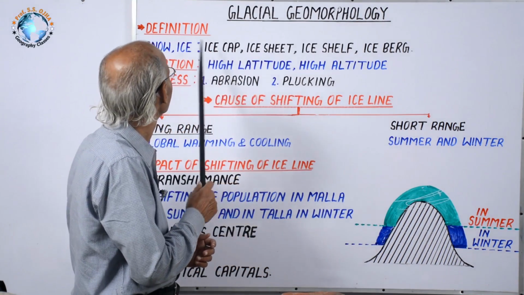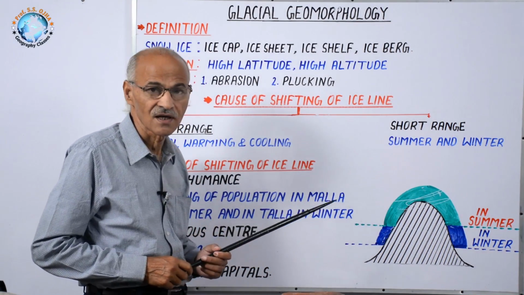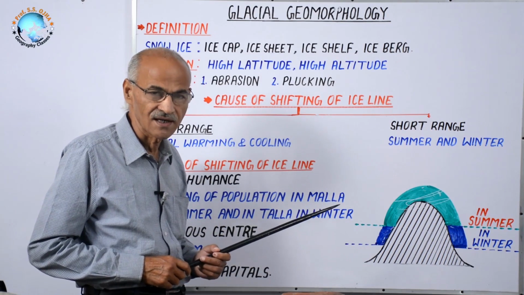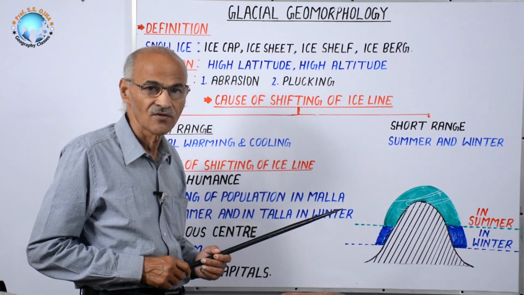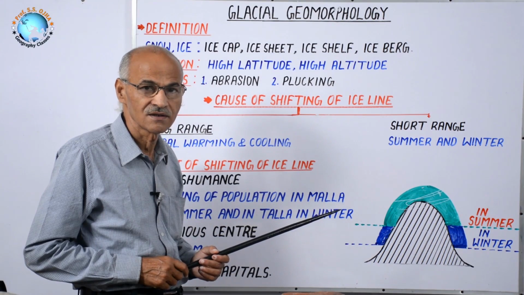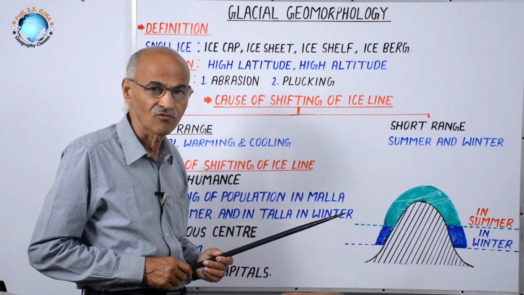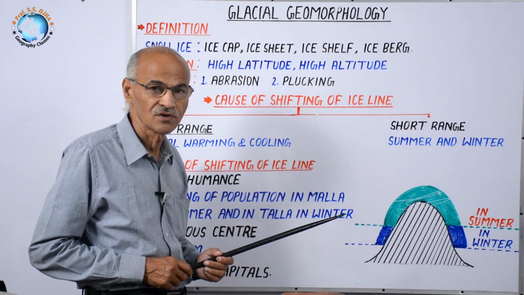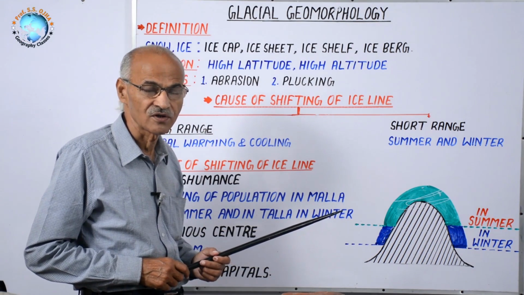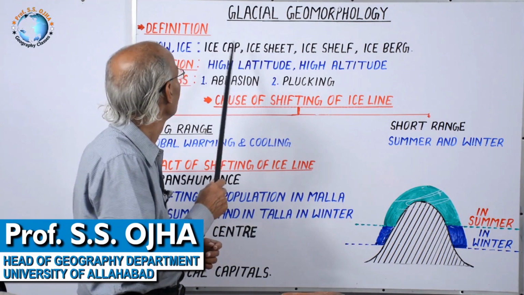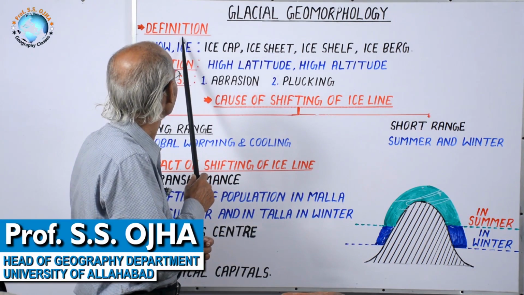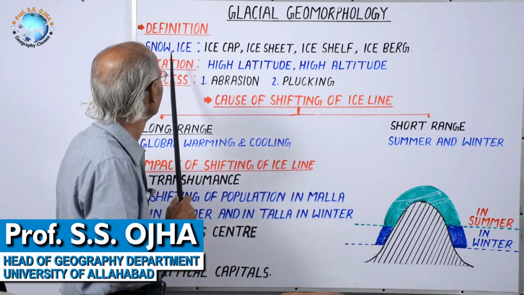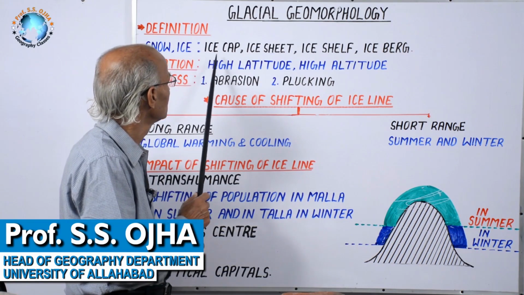Let us understand what is the definition of glacial geomorphology. Glaciers means flowing ice, and water and ice work together and they erode, transport and deposit the rock material. Let us understand the difference between snow and ice.